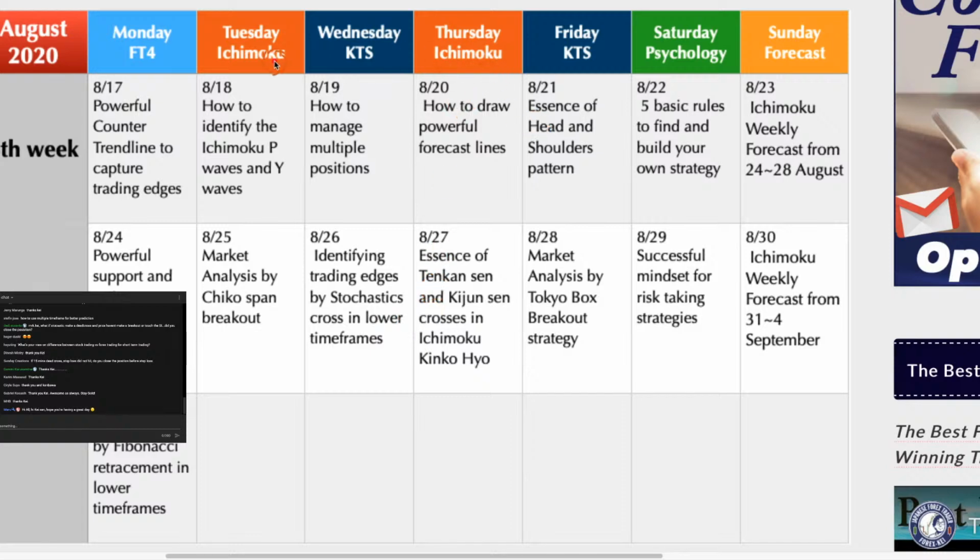On Tuesdays and Thursdays it's Ichimoku days. So tomorrow I will talk about the Tenkan-sen and Kijun-sen cross in Ichimoku Kinko Hyo. The Tenkan-sen Kijun-sen cross is one of the most important crosses in Ichimoku. So I will once again show you a couple of real chart examples and present which Tenkan-sen Kijun-sen cross is trustable and which one can most likely become fake.